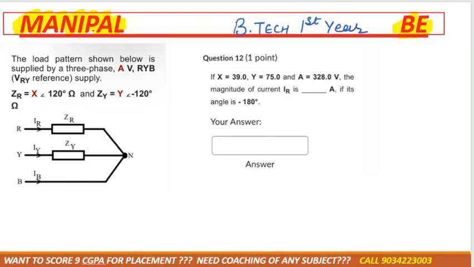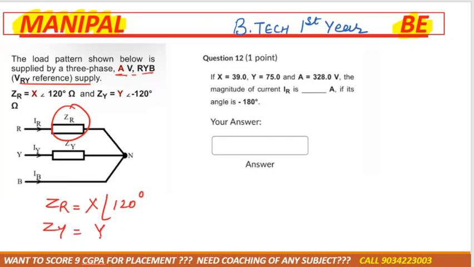The load pattern shown is supplied by a 3-phase, some volt, RYB, with RY as a reference, and this one they have given. So ZR is X angle 120 degree, means this one impedance.